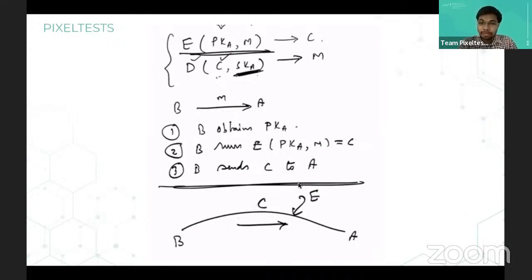So for example, if somebody is eavesdropping on this line and trying to understand what B is trying to send A, he will know that he sent C, but he cannot do anything with C. Any eavesdropper or anybody who is trying to understand the message in between two people will not understand, because it's a ciphertext, and that is only decrypted by A's secret key.